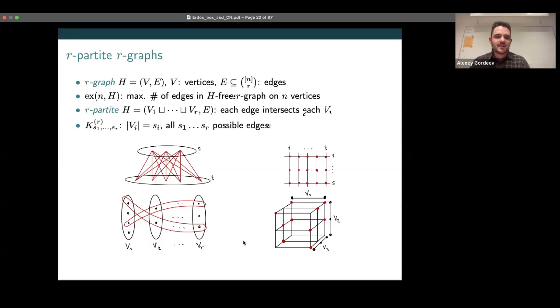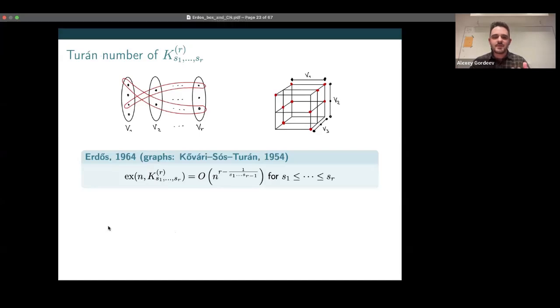Okay. So what do people know about the Turán numbers of these complete r-partite graphs? In 1964, Erdős proved the following bound, which extended the bound for graphs by Kővári, Sós and Turán ten years earlier.